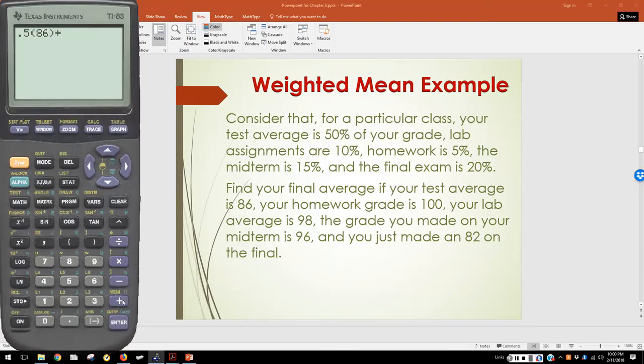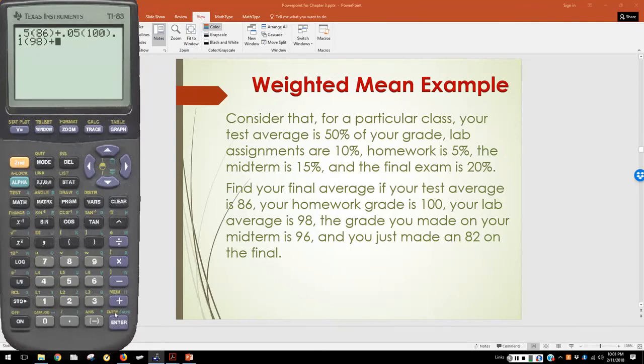plus your homework grade is 100, but homework only counts 5%. So 0.05 times 100. Your lab average is 98, and it counts 10%, so 0.1 or 0.10 times 98.